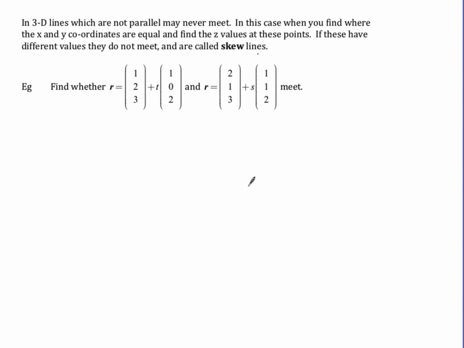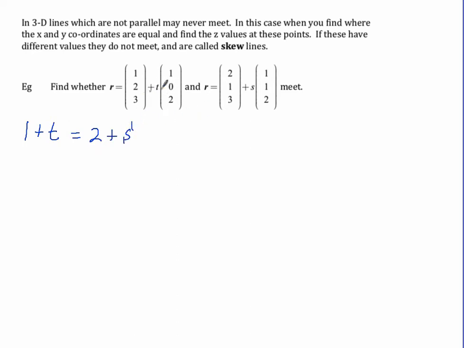Okay, so sometimes we get skew lines. Let's check to see if these are skew lines or if they meet. They're definitely not parallel because the direction vectors are not scalar multiples of each other. Okay, so we set up some simultaneous equations, like 1 plus t equals 2 plus 1s, right?